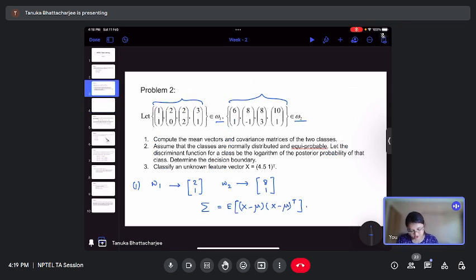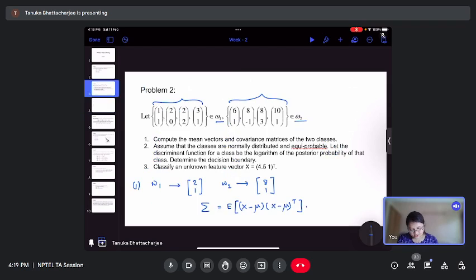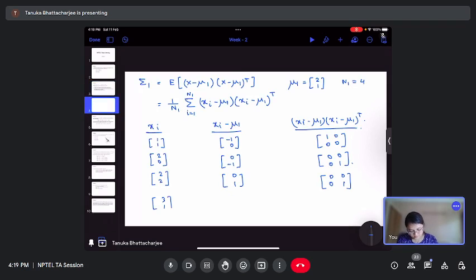The third sample is (2,2). Again after mean subtraction we get (0,1), and (xi minus mu 1) into (xi minus mu 1) transpose will be [[0,0],[0,1]]. The last sample is (3,1). After subtracting we get (1,0), and this will become [[1,0],[0,0]].